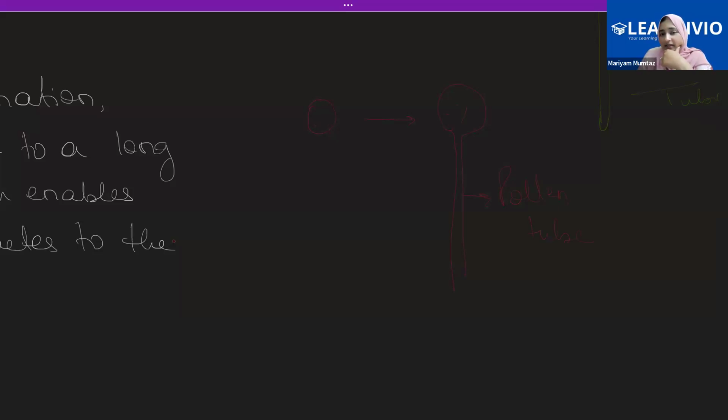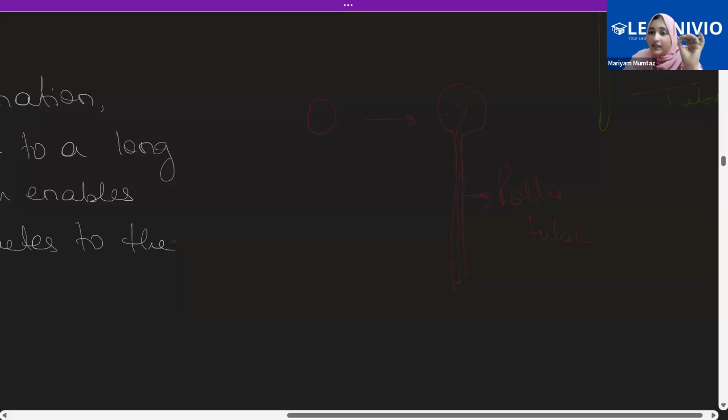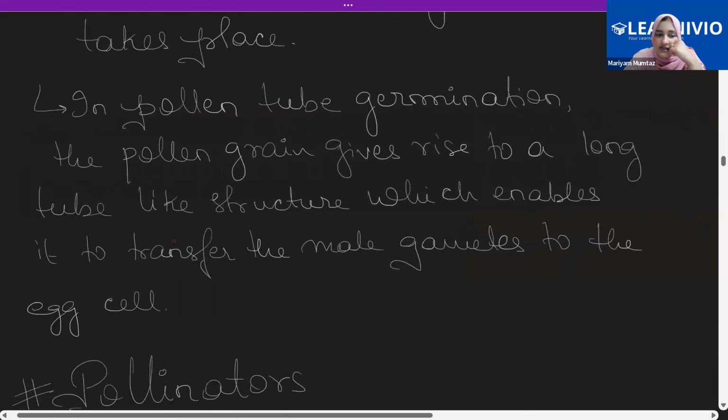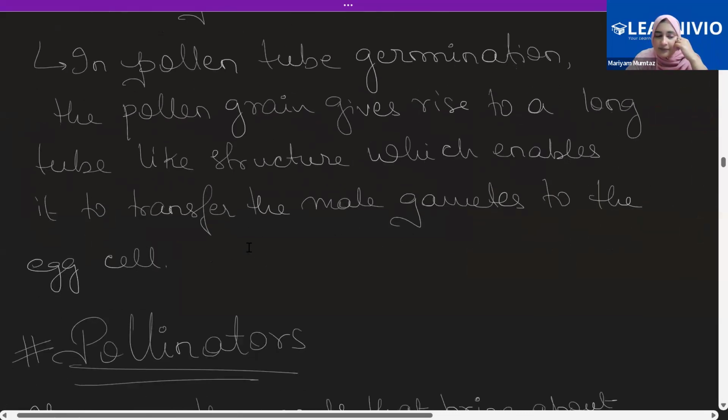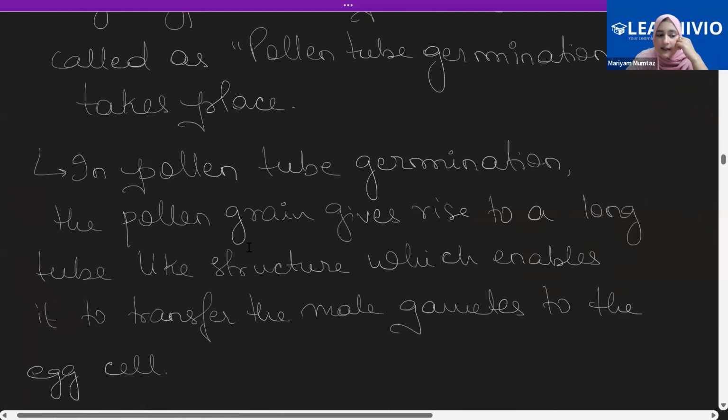So that the male gametes can be transferred up until the egg cell of the female. So this is called pollen tube germination, wherein the pollen grains give rise to a tube-like structure which enables them to transfer the male gametes to the egg cell. Understood, students? Yes, ma'am.